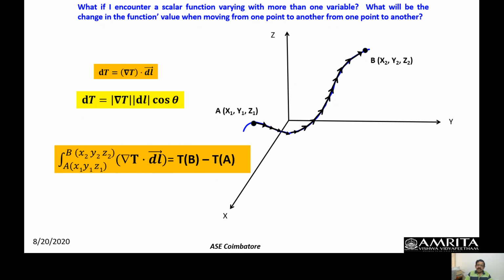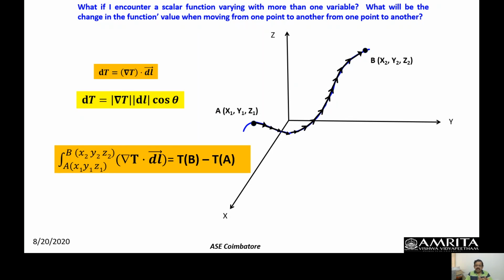I can keep adding del T dot dl and sum it up, and you will see that the height is going to be the same as if I know the height at the end point and the location, and the distance between these, so I can calculate the height. Alternatively, I can take the incremental steps and get there. So this is the sum and substance of this gradient theorem.